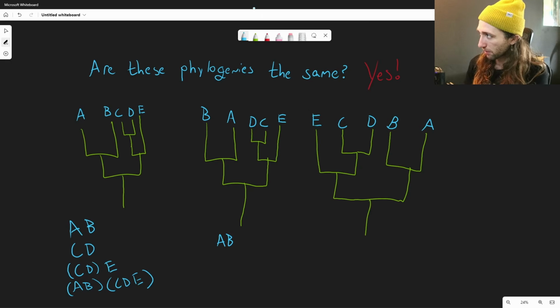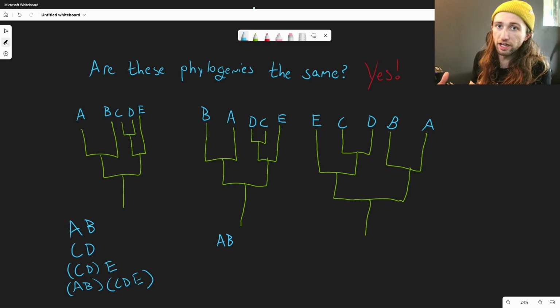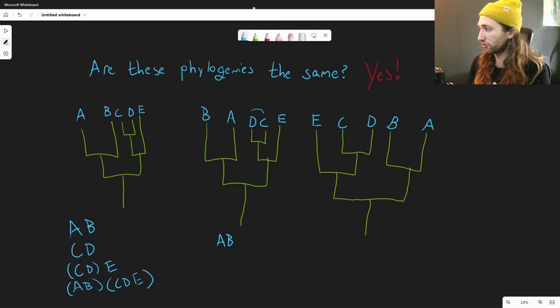Cool, right? Like, it could be B and A, but we're going to write it as A and B to make it a little bit easier. Cool. Here, we have this next grouping right over here. So we have C, D. Okay. What is this clade mostly related to? E. So C, D, E. Again, we're putting this in alphabetical order in terms of the relationships.